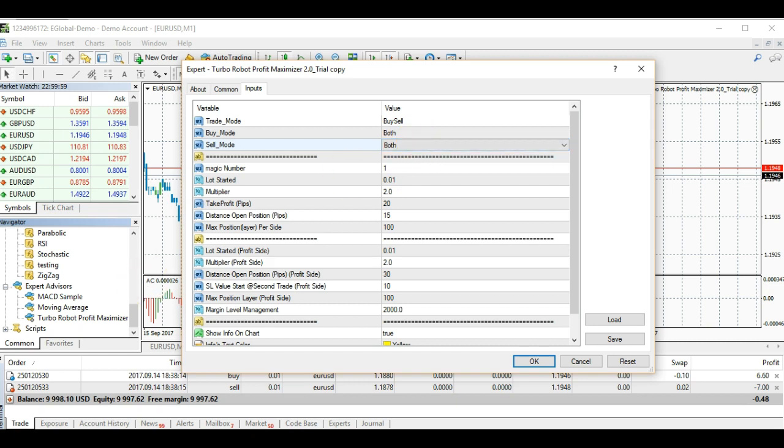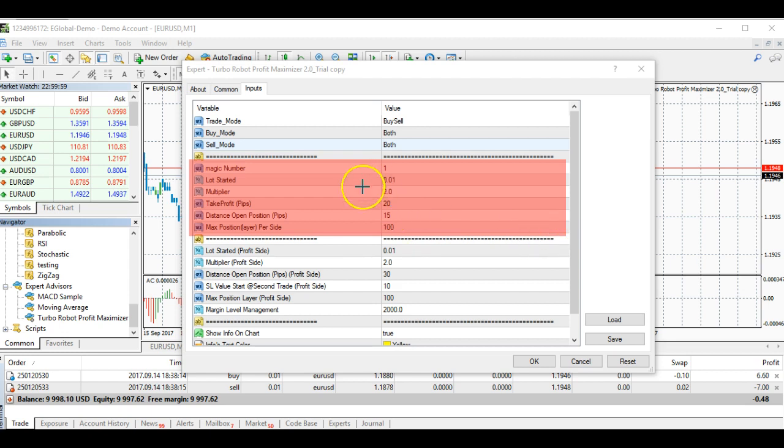All right. This particular portion over here is concentrating mainly on martingale. Whatever settings you have made here, remember that you have a buy mode and a sell mode, so you can select either martingale, anti-martingale, or both. Your settings will affect this portion. All right.